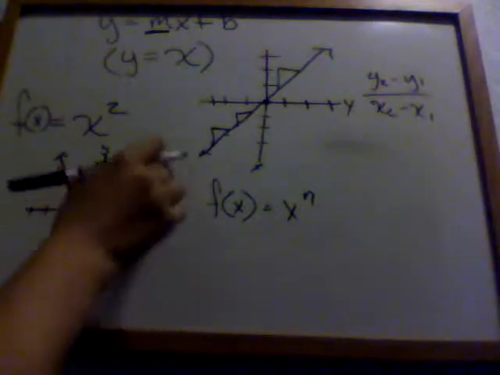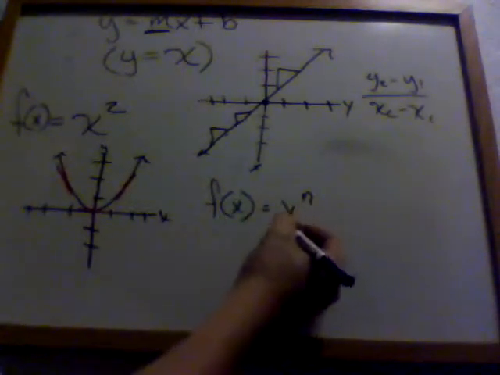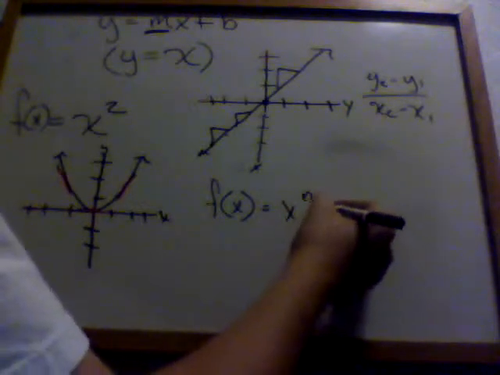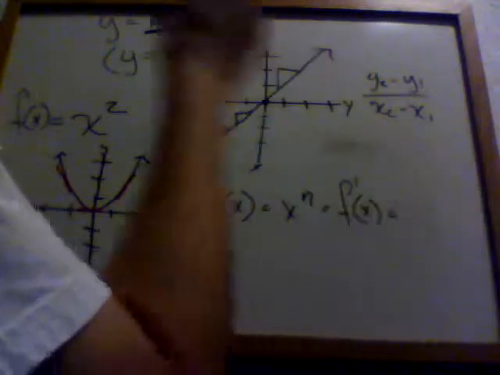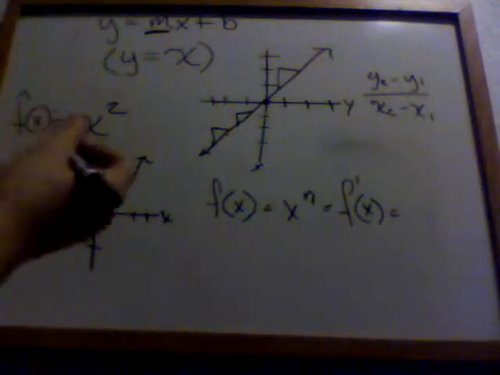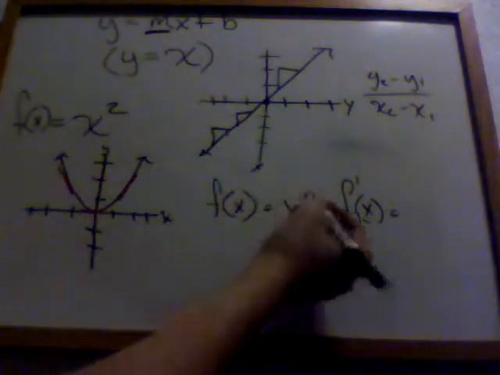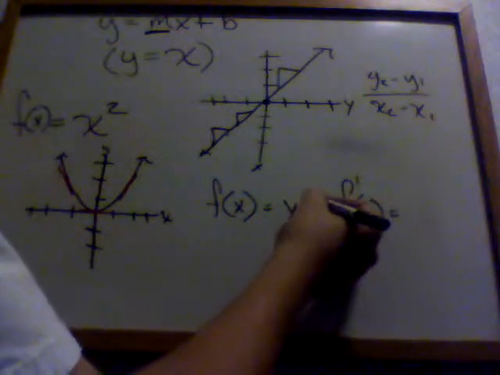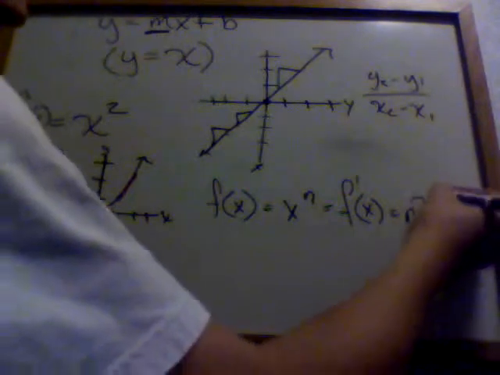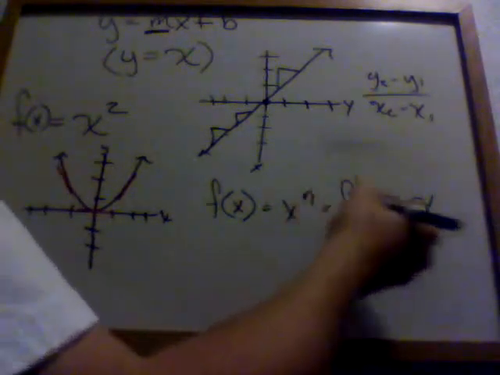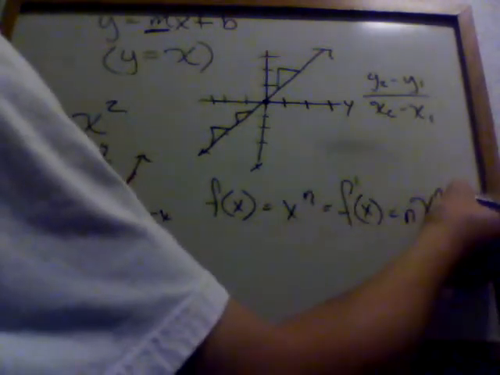We're taking the derivative of f of x, which is x to the n, equals f prime of x. I'm going to tell you this is the notation I preferred. And this would be you bring your exponent down as the coefficient, so it would be n times x, and then subtract 1 from your exponent, n minus 1.